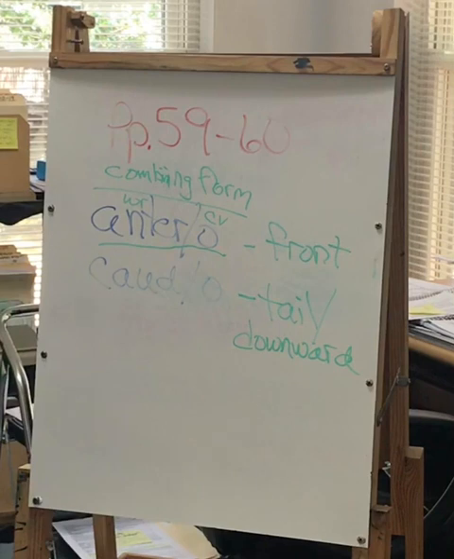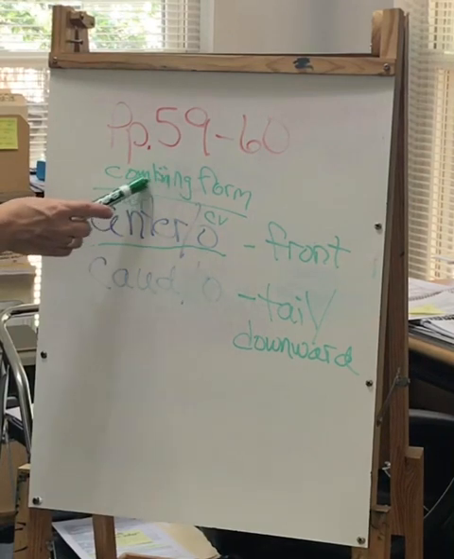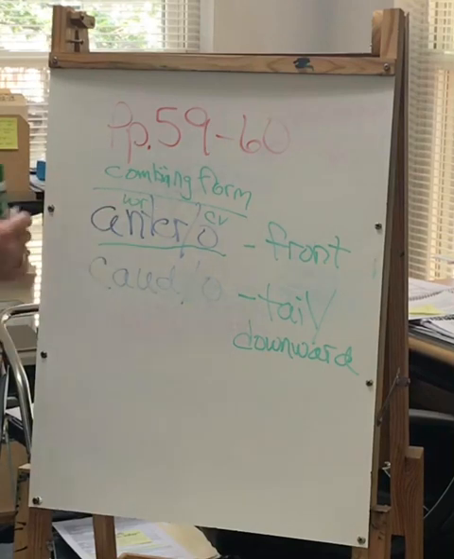Now, you need to memorize. Remember I said memorizing is key to this whole course. You need to memorize that enter/o is a combining form and that it means front. Because when we start getting into the exams, you're not going to have word banks that tell you what the definition of enter/o is. You have to recall it. This is where your flashcards come in.